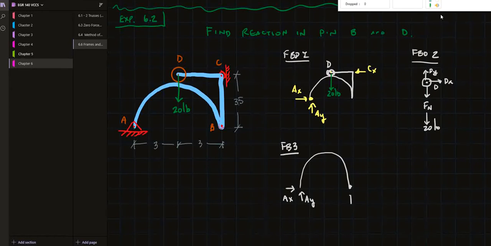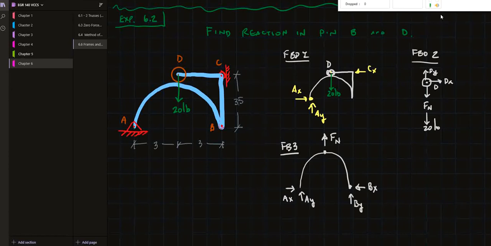So let's toss in two potential reactions there, BY and BX, and then this contacts the wheel here, so it's going to be opposite to the way I drew that Fn, but we can have the same force, Fn.